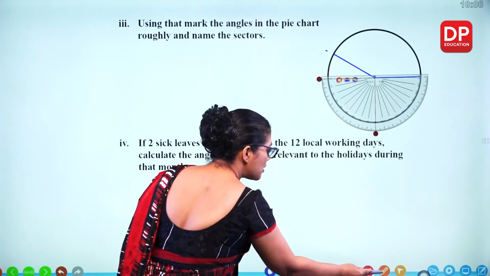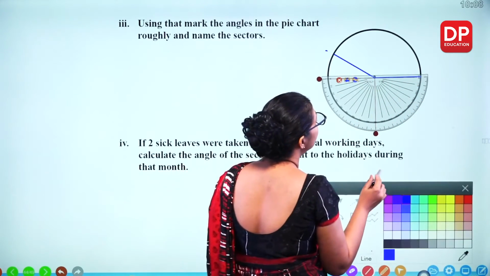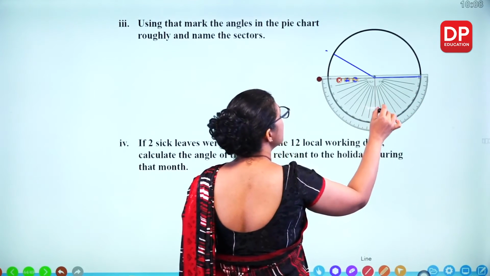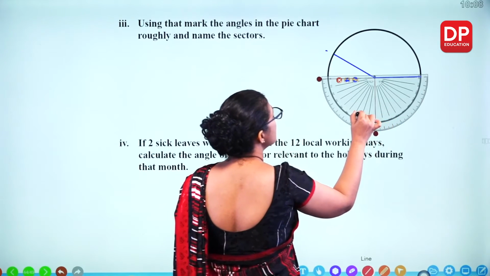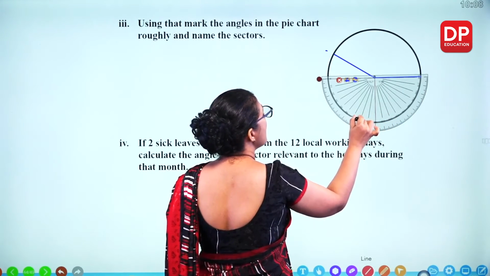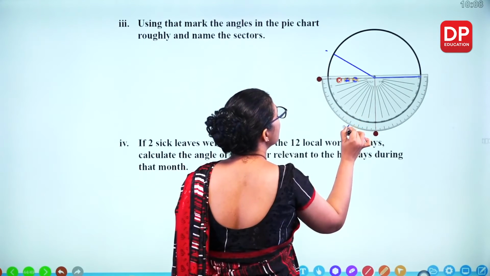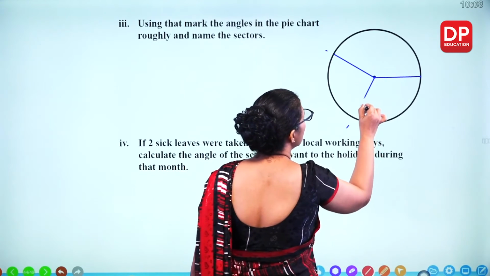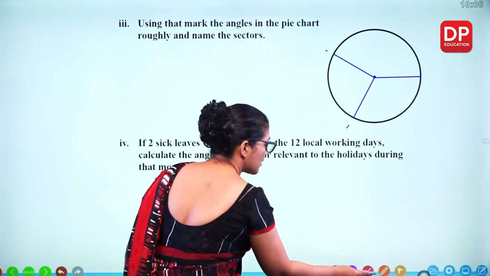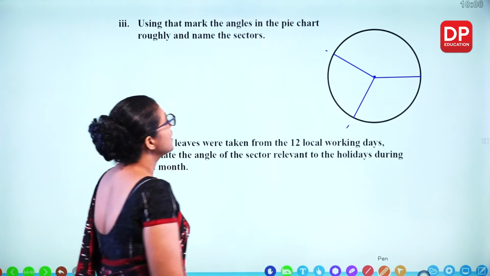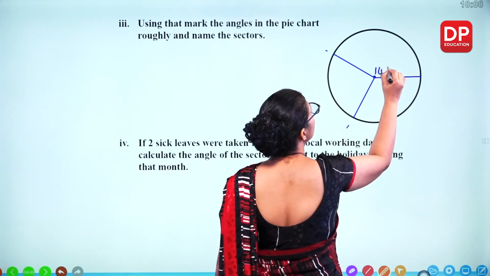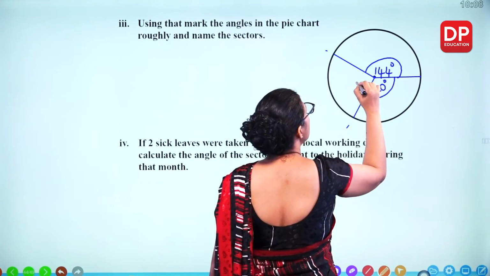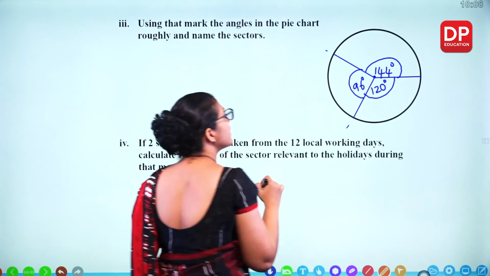And I can mark 120 the other way around. From this point, 120 is 90, 100, 110, 120. So here. Here to here. That's the angle. So we can mark this as 144, 120 and 96. Those are the three angles.